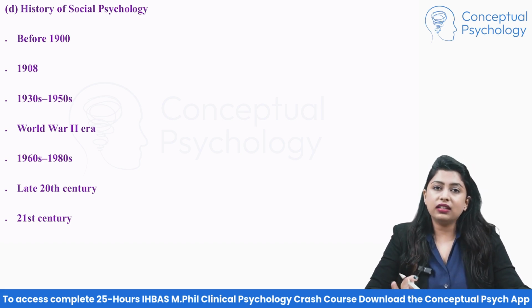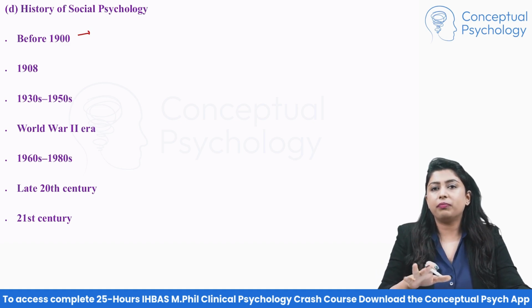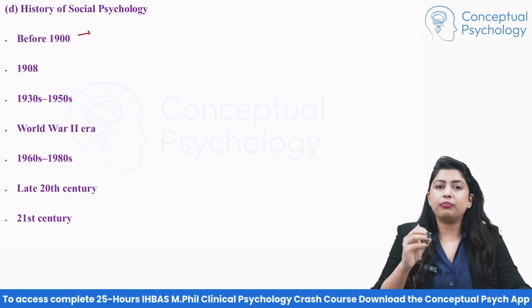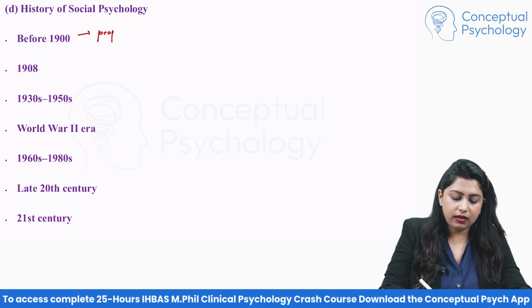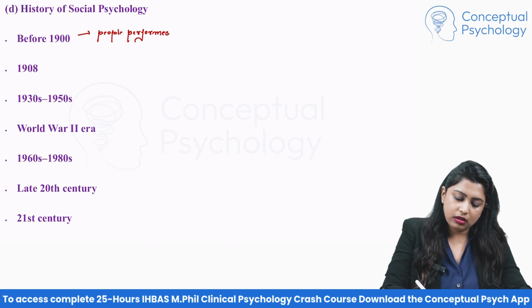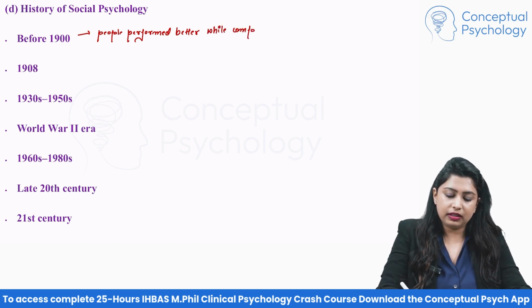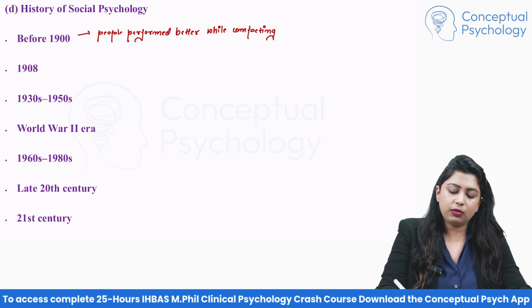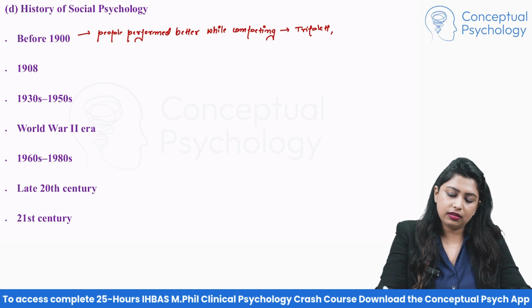Before the 1900s, the first experiment was done by Triplett in 1898, where people performed better while they are competing.